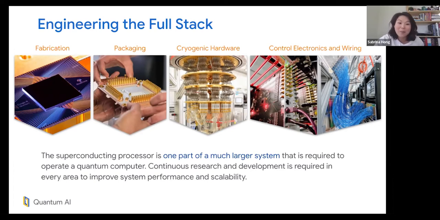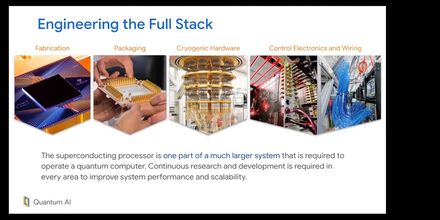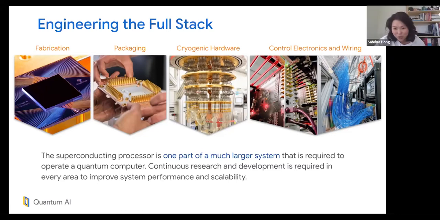So we have microwave packaging that does all sorts of things, isolation being one of them, which gets loaded into a dilution refrigerator. And there is a ton of work that goes into the cryogenic hardware that is inside of that system to further isolate our qubits from external noise and radiation and things like that. And then there's also on top of that, the control electronics and room temperature wiring that goes to this cryogenic hardware. And really, for superconducting qubits, we think of continuous research and development being required in every single one of these areas to continuously improve system performance and scalability.